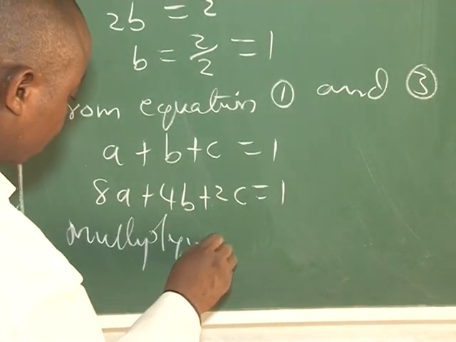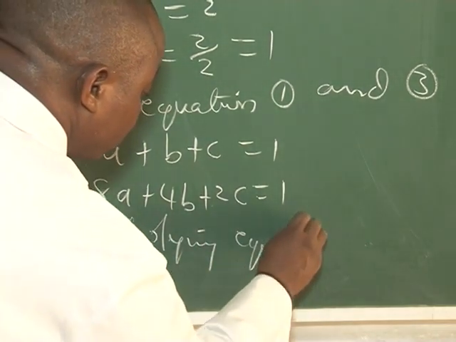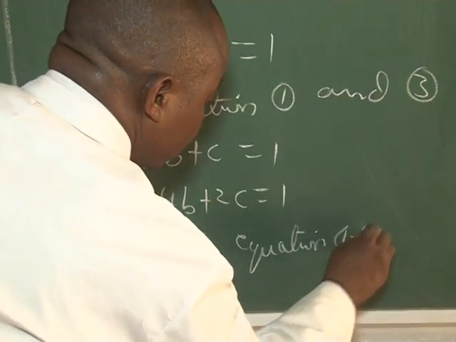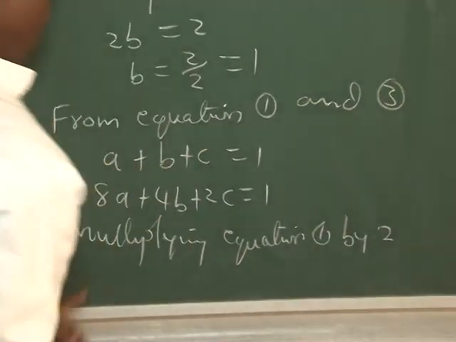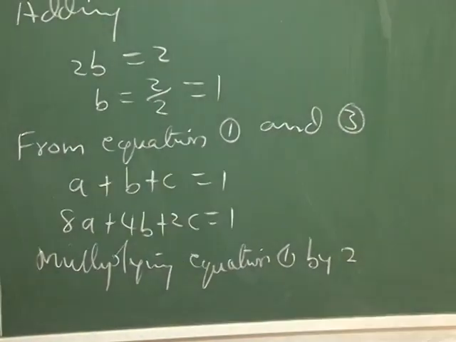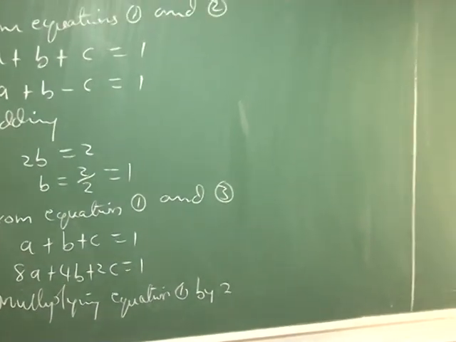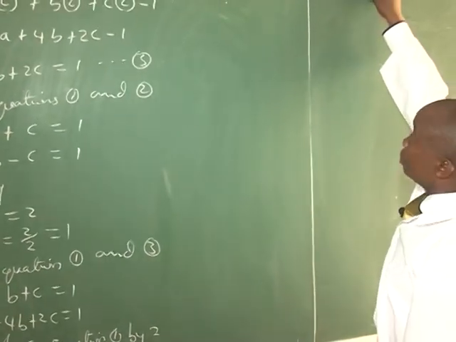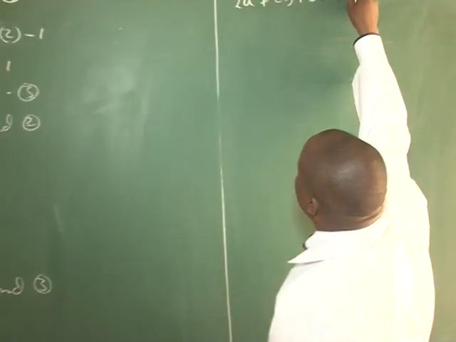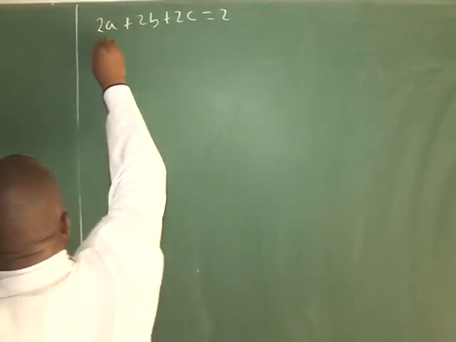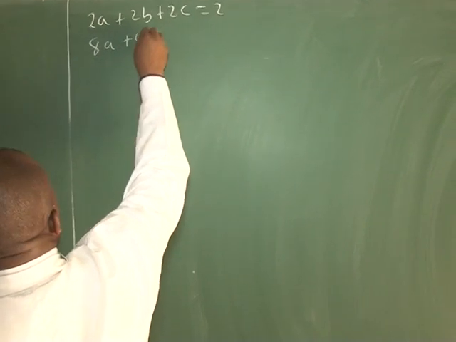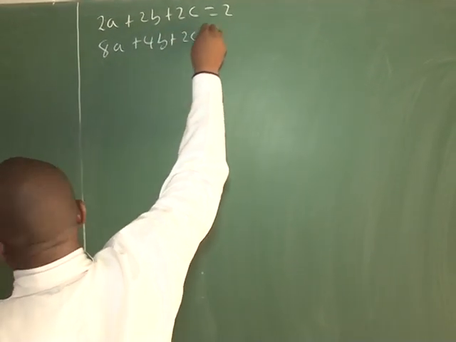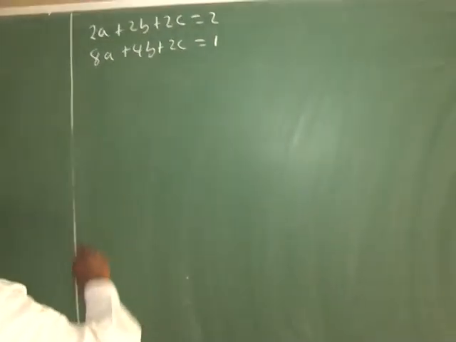Multiplying equation 1 by 2, we have 2a plus 2b plus 2c equal 2. Then equation 3 is 8a plus 4b plus 2c equal 1.